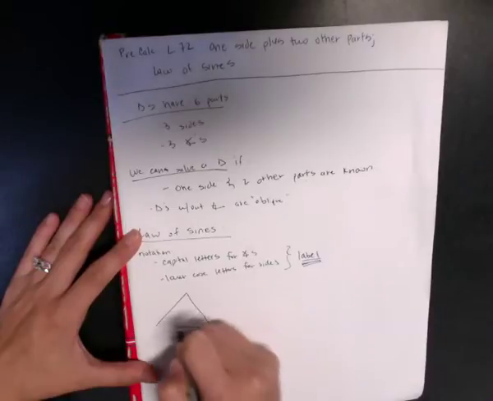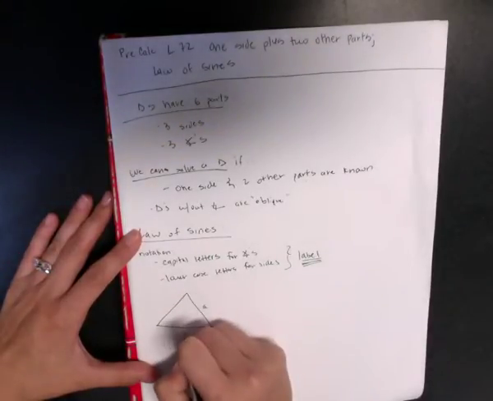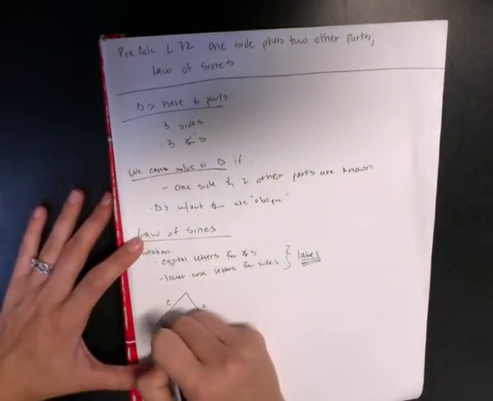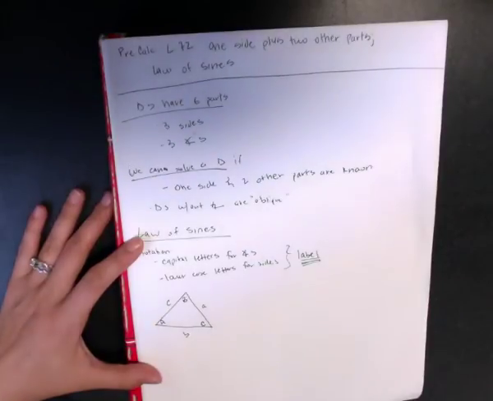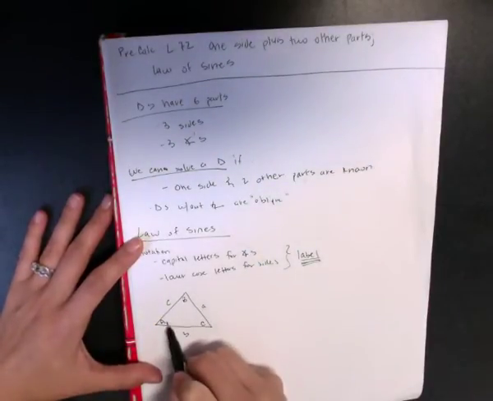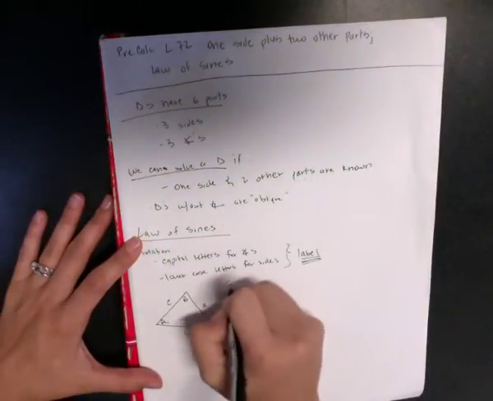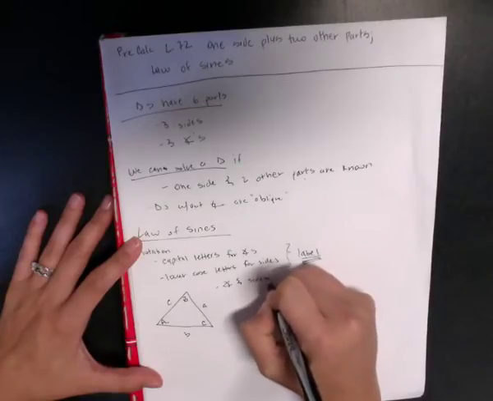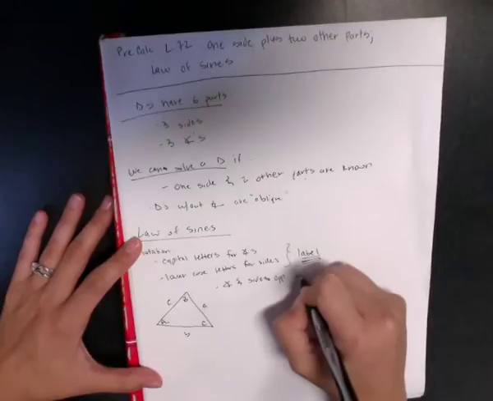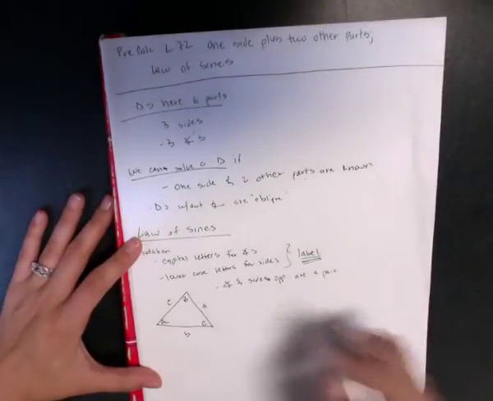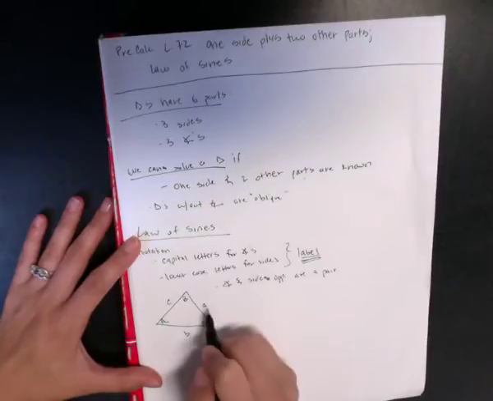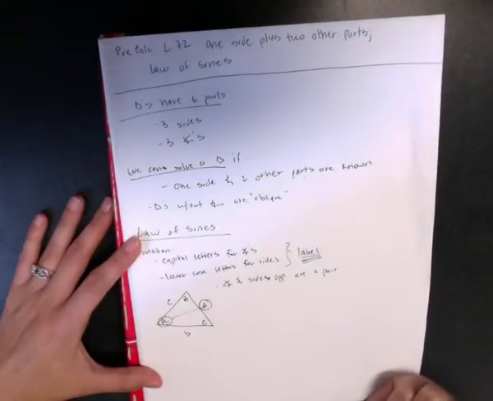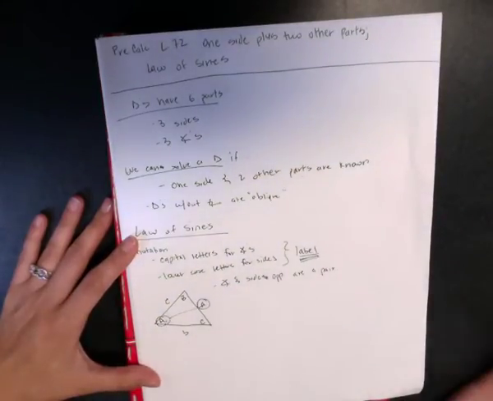So if I have this triangle, I'm going to label this side a, this side b, this side c, lowercase letters for sides, and I'm going to have the opposite angle be the same letter but capitalized. So the angle and the opposite side are a pair, meaning this angle and this opposite side, they are a pair.